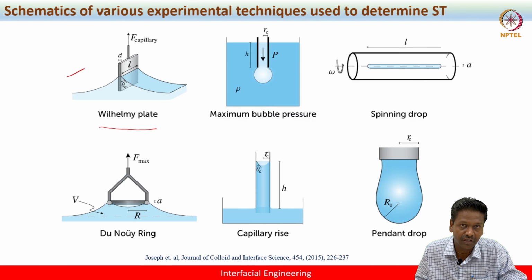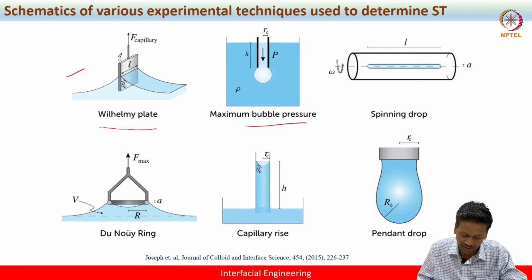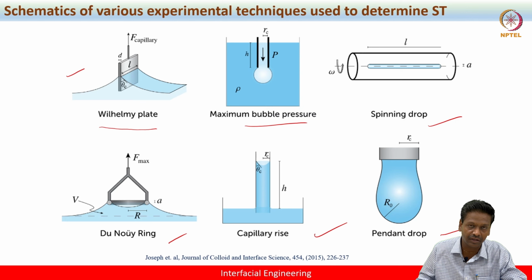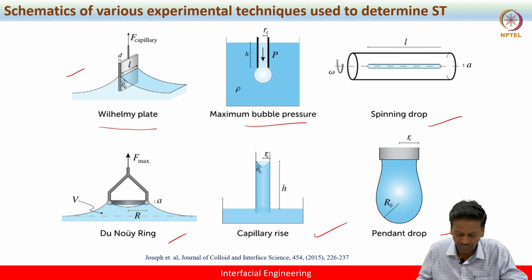We have what is known as Wilhelmy plate, maximum bubble pressure, spinning drop, Du Noüy ring, capillary rise, pendant drop method, and so on. Although there are many more techniques available, we are only listing a few of them, which are quite familiar.